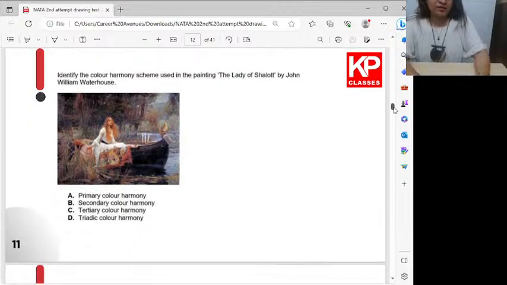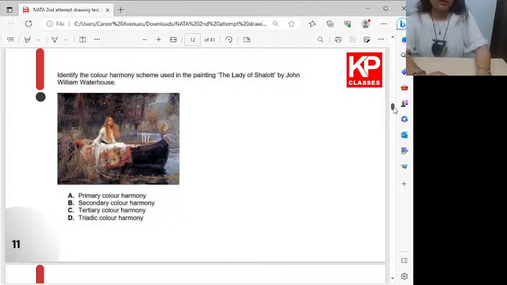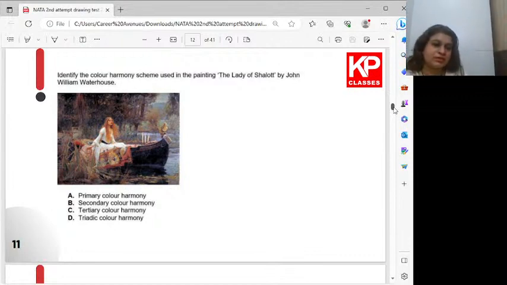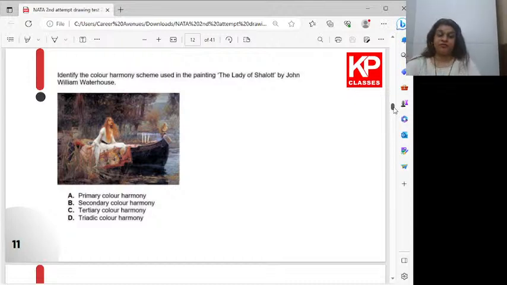This one's very interesting. So here we have a landscape and the color. What sort of color do we have over here, right? Are they primary colors? Definitely it's not primary color, right? Secondary color, tertiary color, or triadic color? So let's see what these are, and also it's very important that you know what color harmony is all about.